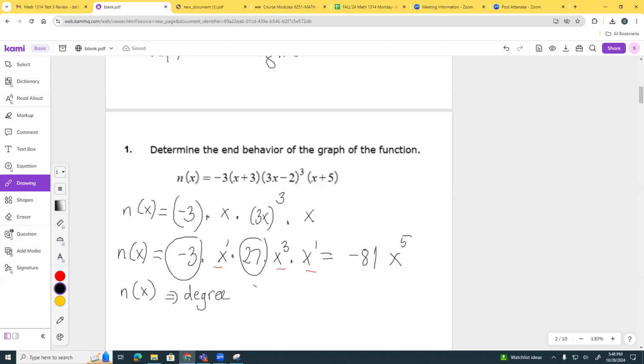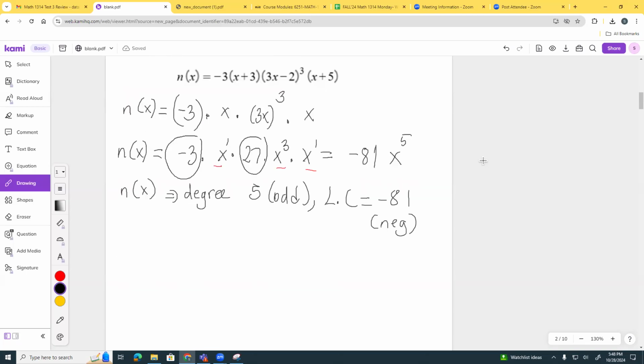So its degree is 5, which means it's an odd number, and its leading coefficient is -81, which is a negative number. So I'm going to look for the rule where the degree is odd and the leading coefficient is negative. Because I memorized the rules for all these 4 cases, whenever the degree is an odd number and the leading coefficient is negative, the graph always starts high and ends low.